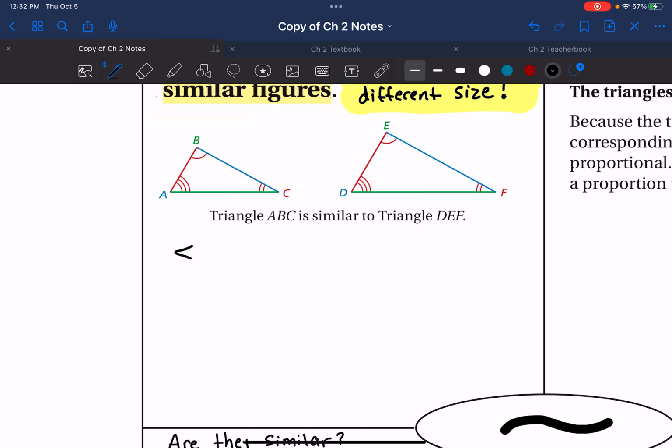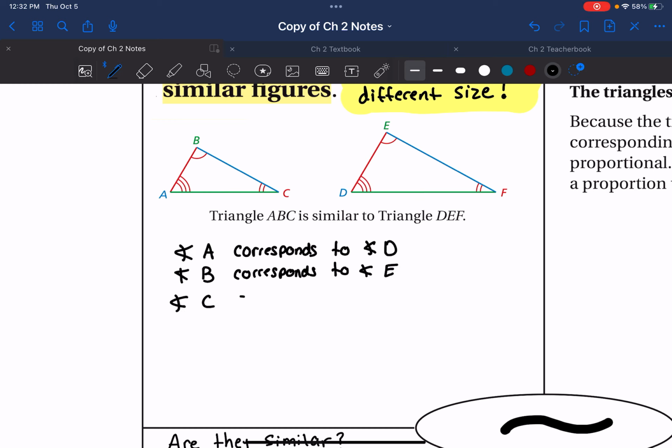So I'm going to say angle A corresponds to angle D. We're going to do the same thing for all these angles. Angle B corresponds to angle E, and angle C corresponds to angle F. Remember, corresponds means that they are the same.